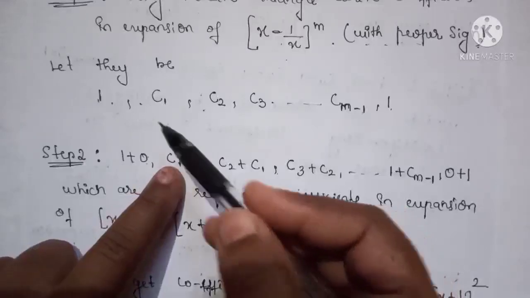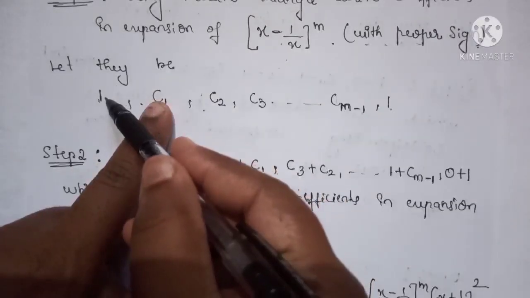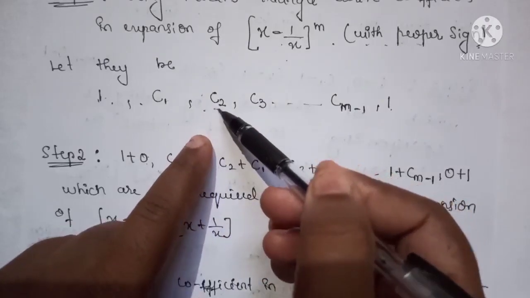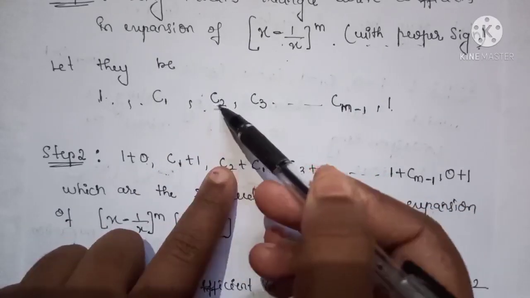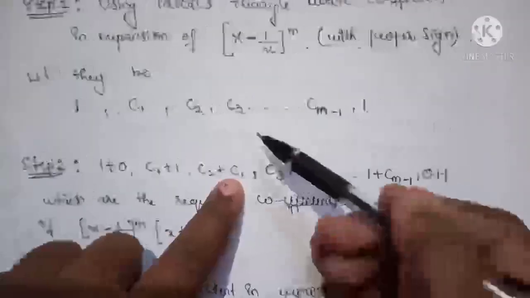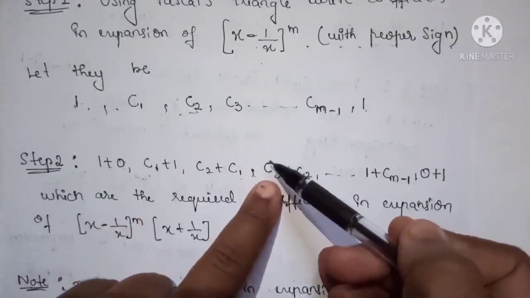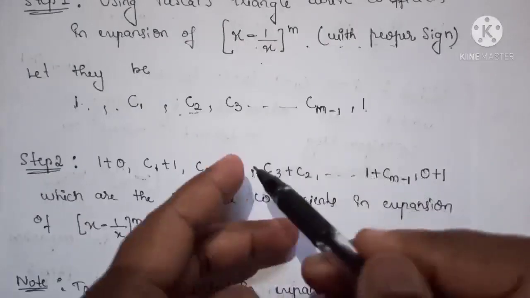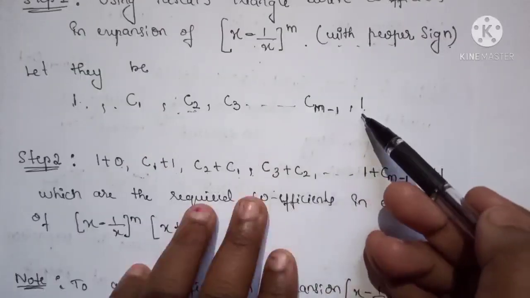Next, C1 plus previous one, which is 1, so it is C1 plus 1. Next, the corresponding is C2 and its previous one is C1. The corresponding constant is C3 and its previous one is C2, and so on. Like this we have to add the previous one.